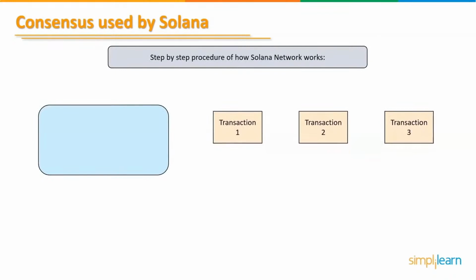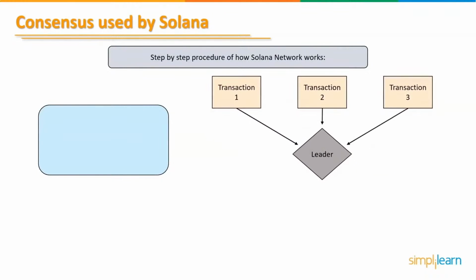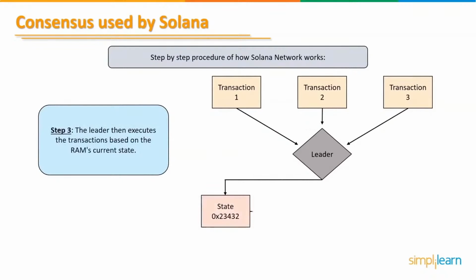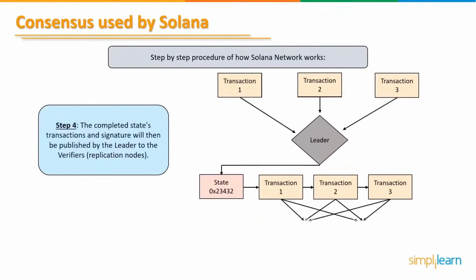Step 2. The leader will now efficiently sequence and organize the messages so that they can be processed by other nodes. Step 3. The leader then executes the transactions based on the RAM's current state. Step 4. The completed state's transactions and signature will then be published by the leader to the verifiers or replication nodes.